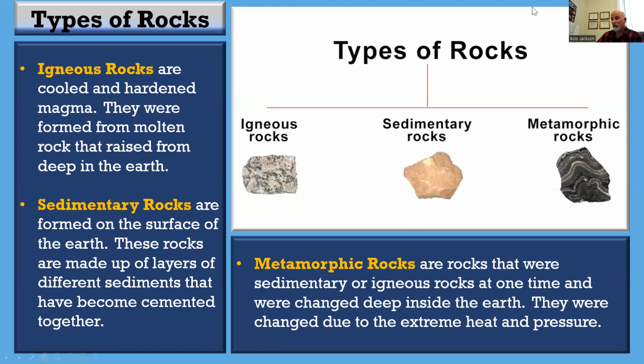Metamorphic rocks, metamorphosis means change. They're rocks that change from what they were. Metamorphic rocks were at one time, and it could have been over a million years ago, either an igneous or a sedimentary rock. They were pulled down underneath into the earth and put under extreme heat and pressure, and they changed and formed what we call metamorphic rocks.